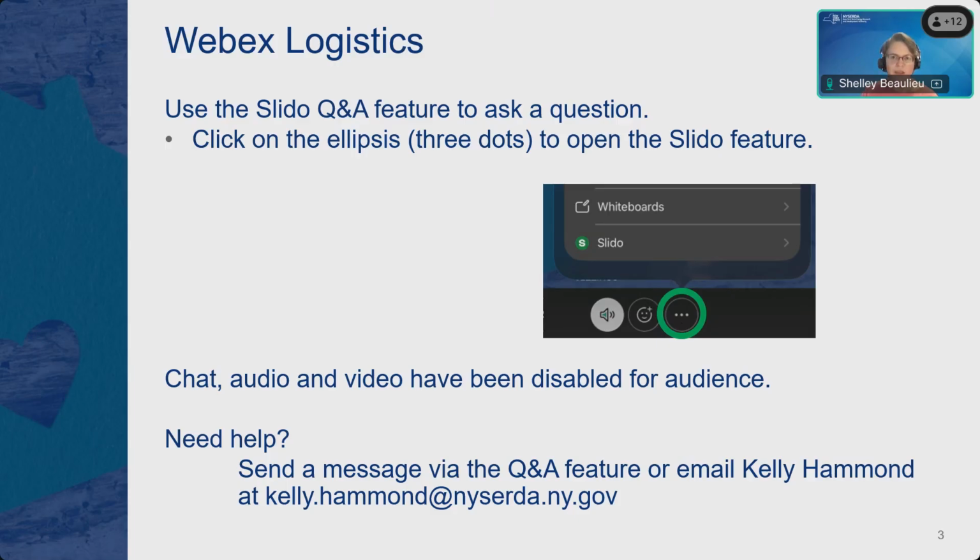If you need any technical help now or throughout the presentation, feel free to either put the question in the Q&A feature, or if you can't get to Q&A, reach out to Kelly Hammond, and her email is kelly.hammond@nyserda.newyork.gov. So hopefully you're able to get into Slido. We'll also be asking a few polls at the beginning and at the end through Slido as well.